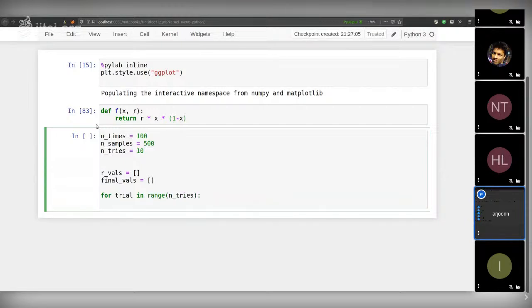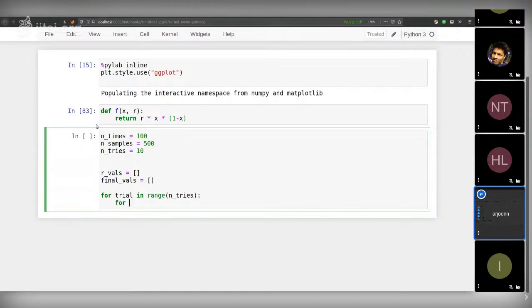So what you're going to do is generate random values of r, right? And we are also going to generate random values of x and try and figure out where this x value is going to land depending on where it started from.